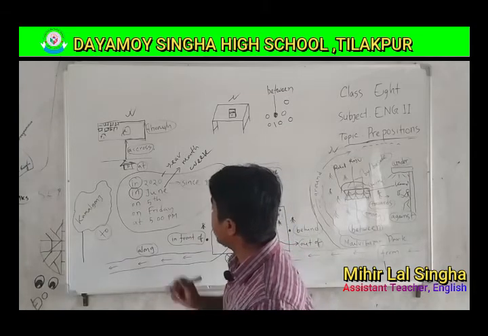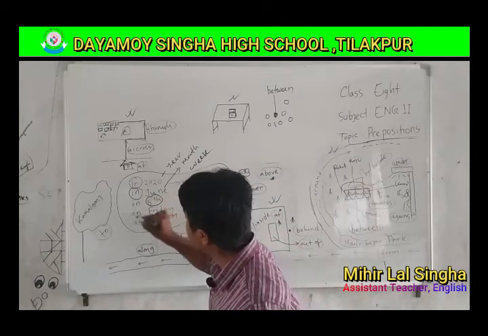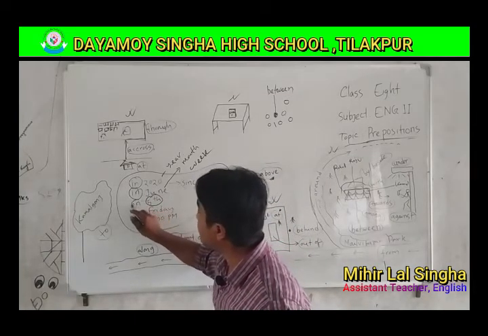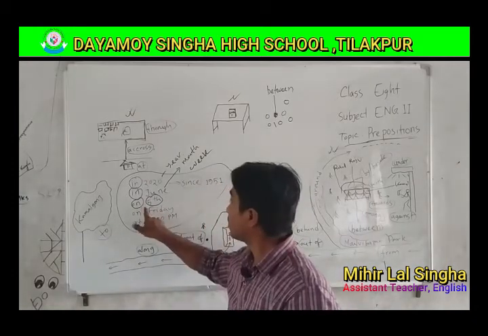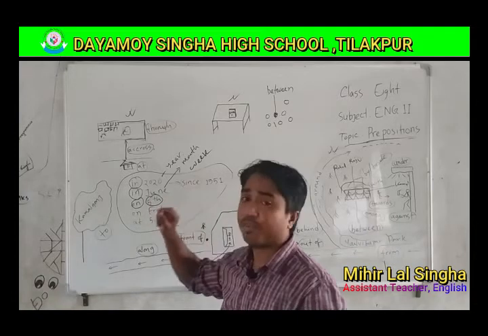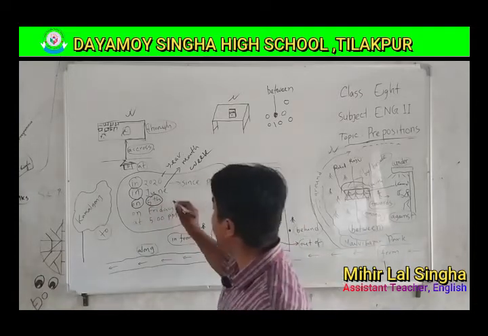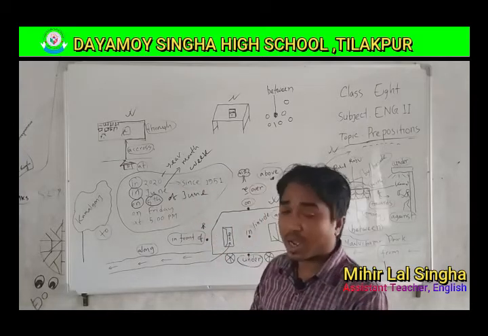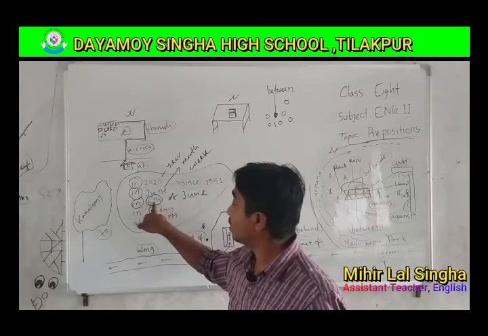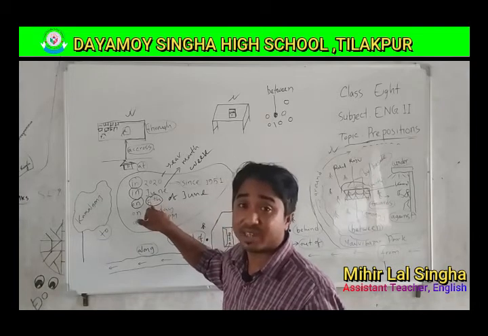Before date, we use the preposition on. I will go to Dhaka on 5th of June. I will go to Dhaka on 5th. So this is the date, a specific date.